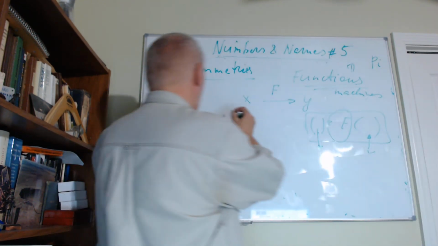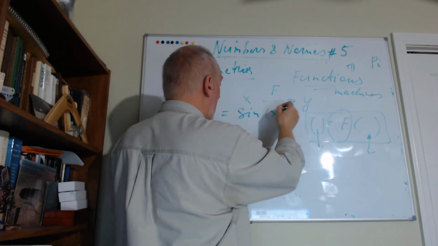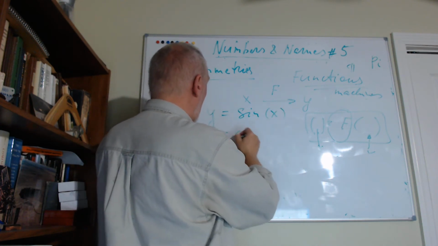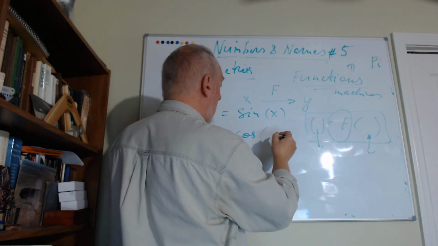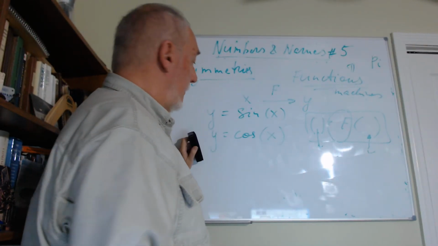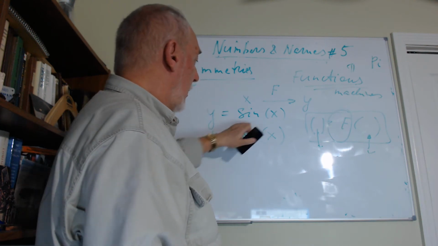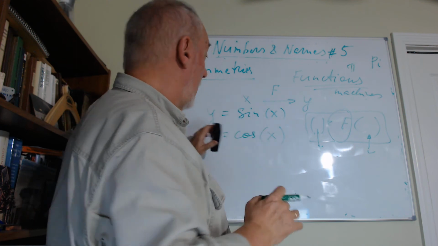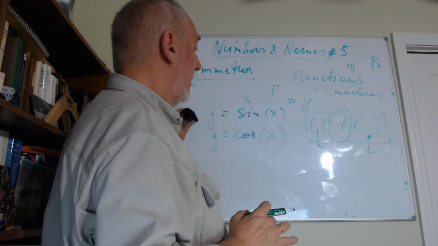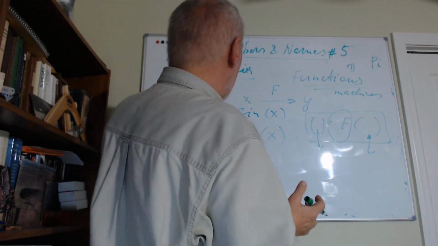They are called sine or cosine. Why did I just name them? Because I'll talk about their plots, their graphs, a little later. So, sine and cosine.